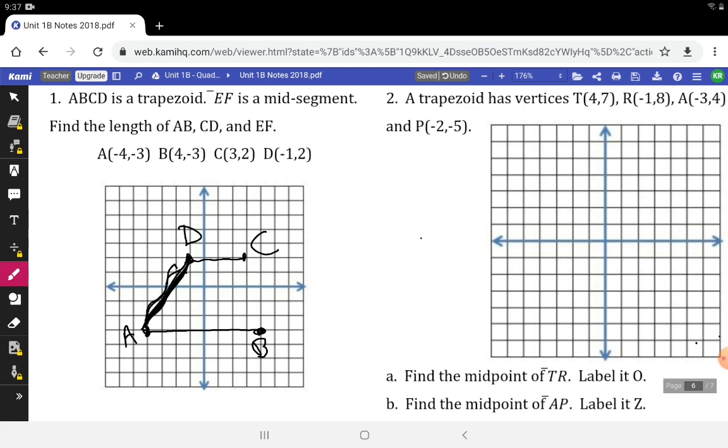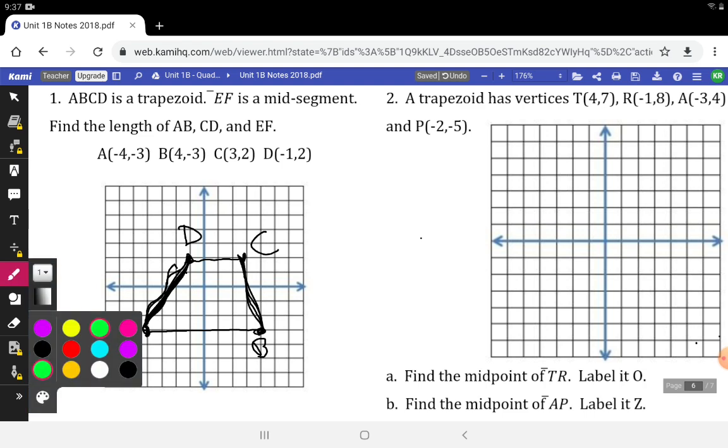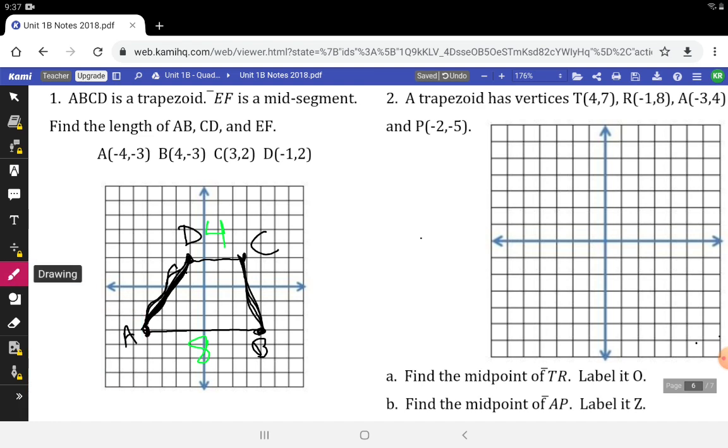All right, and we can easily count the lengths of CD and BA. So DC is going to become 4 if I literally count, and AB is 8. So what we expect is that EF would be the average of 4 and 8. So we think that EF should be 6.